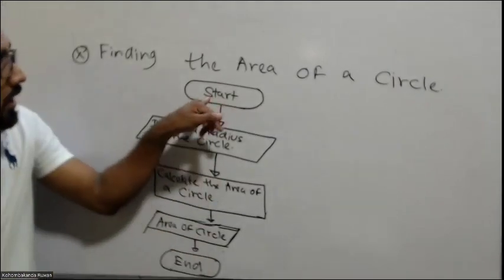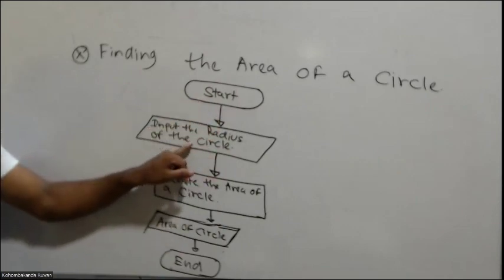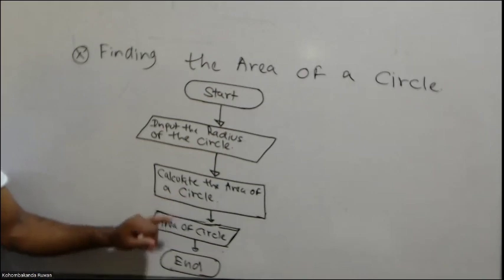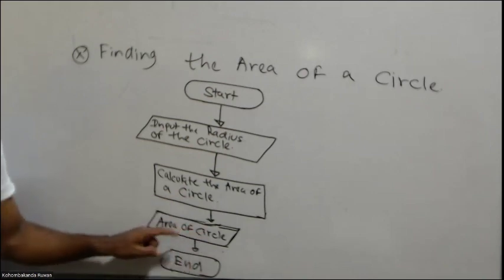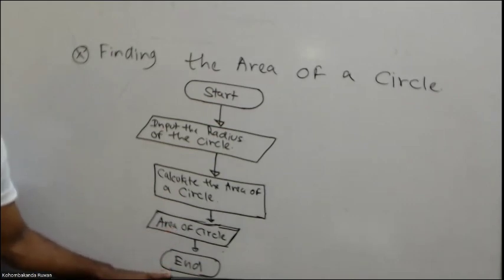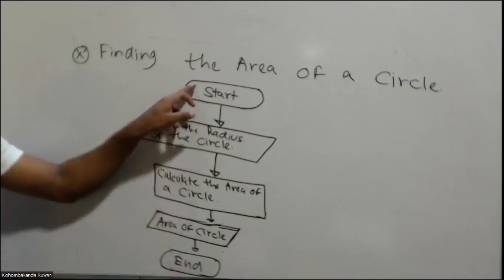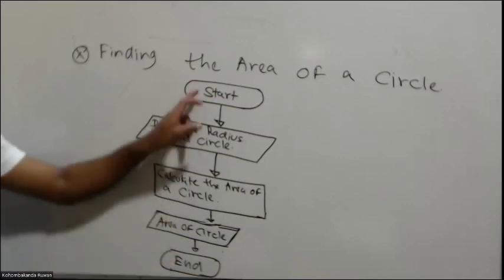End. Start. Input the radius of the circle. Calculate the area of the circle. Then here the area of the circle, so this is the output. Then finally you have to complete the process. That is the last step. That is end.